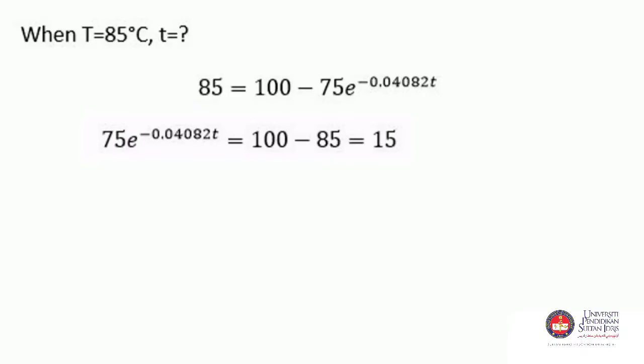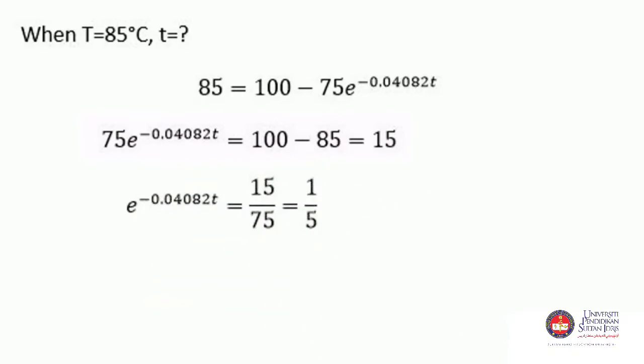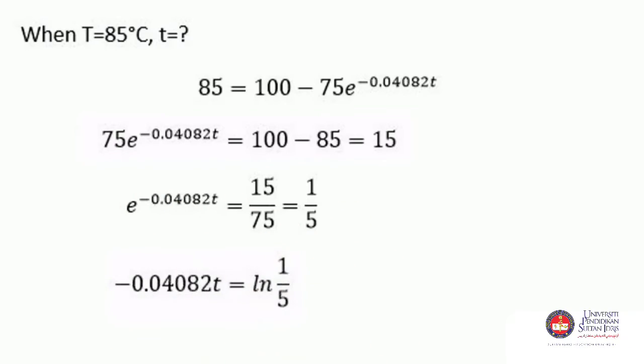And we divide by 75 on both sides and we get e to the power of negative 0.04082t equal to 1 over 5. And then we take ln of both sides and we get negative 0.04082t equal to ln(1/5).